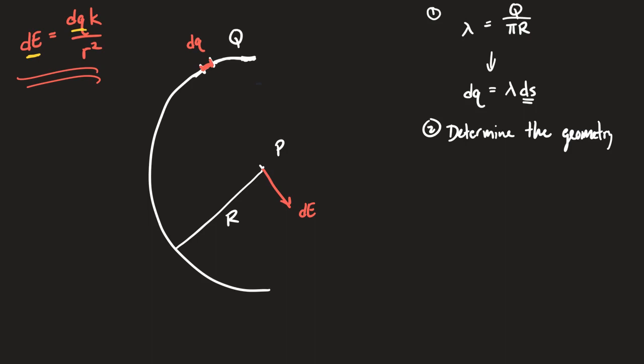It's at this moment, when I'm looking at the geometry, that I probably should see if there's any way to exploit the symmetry of the object. And I think that all of you would probably recognize that there is.